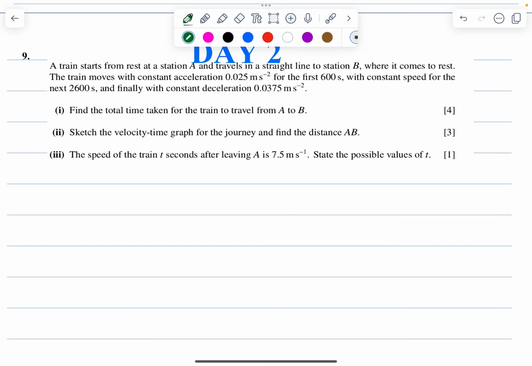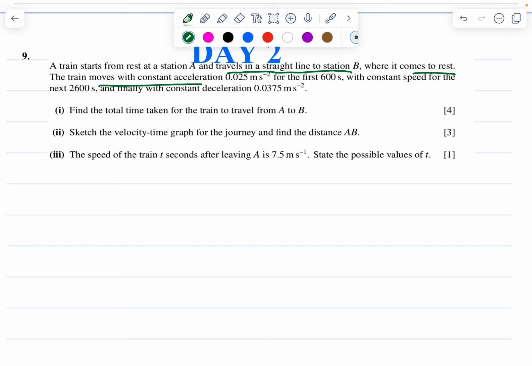Now coming to question number 9. A train starts from rest at a station A and travels in a straight line to station B, where it comes to rest again.